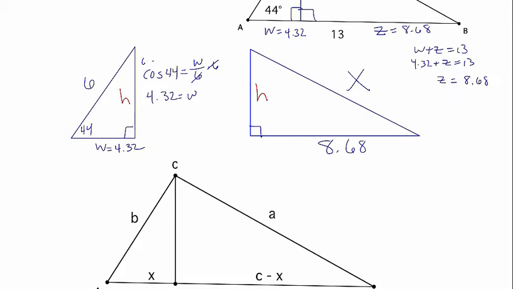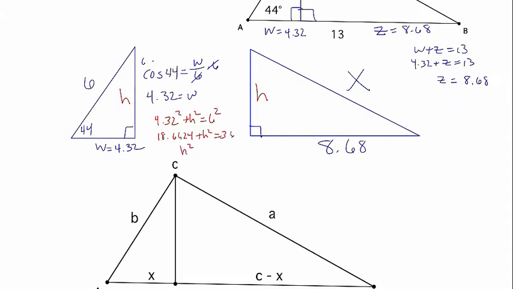So on this triangle I should have that 4.32 squared plus the height squared should equal that hypotenuse of 6 squared. So I end up getting 4.32 squared is 18.6624 plus the height squared equals 36.